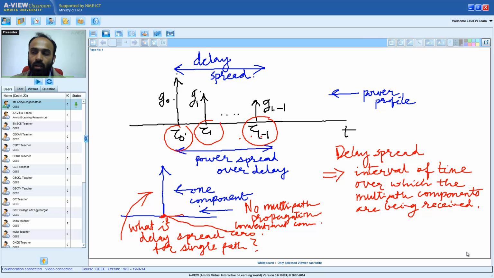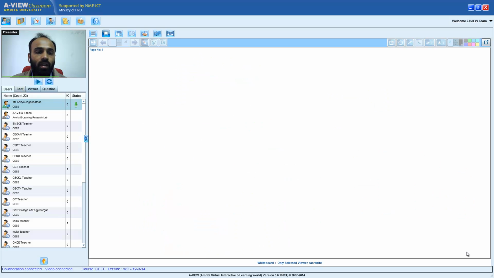Alright, so in wireless communication systems, because of the inherent nature of multipath propagation, different components are arriving at different instants of time. There is a whole interval of time over which the different multipath components are arriving, and this is termed as the delay spread. Okay, fine. Now let us go on to the next.